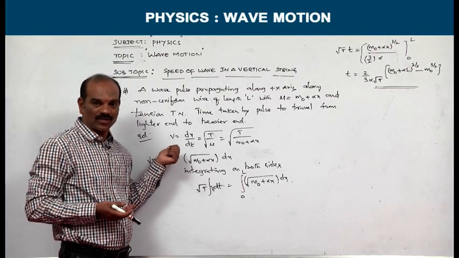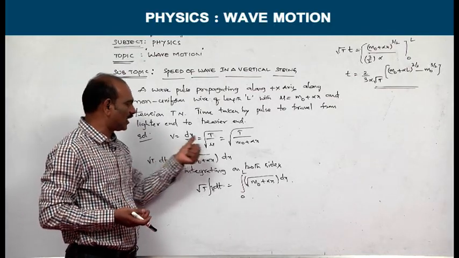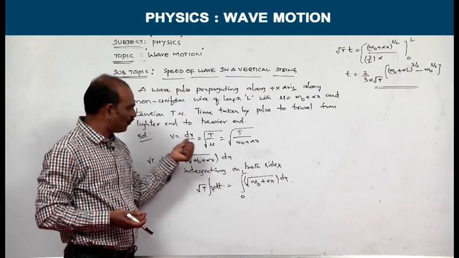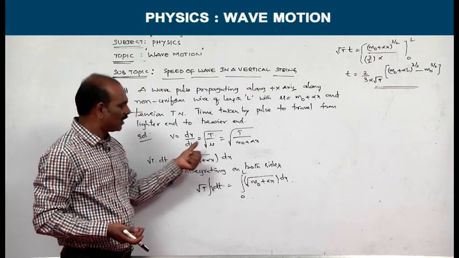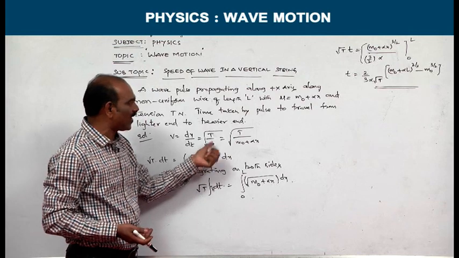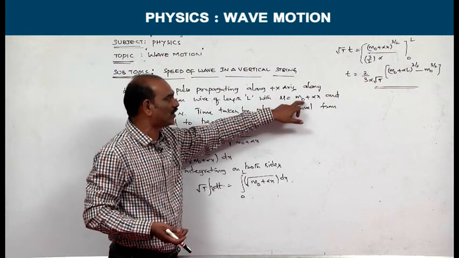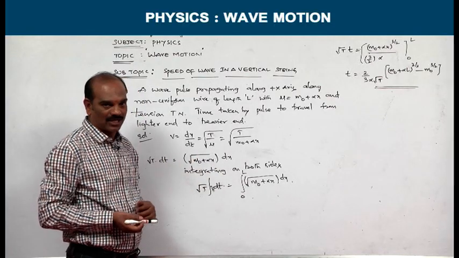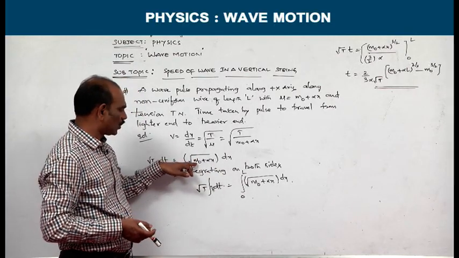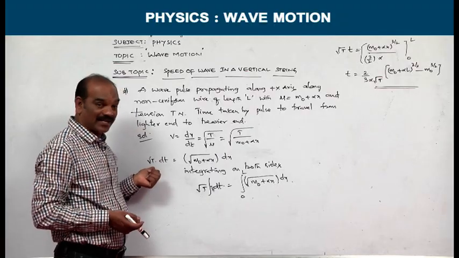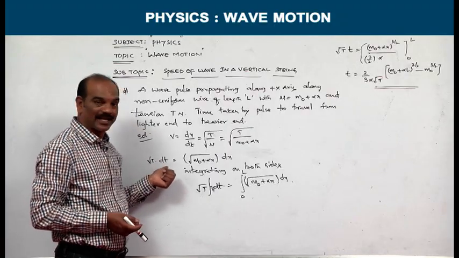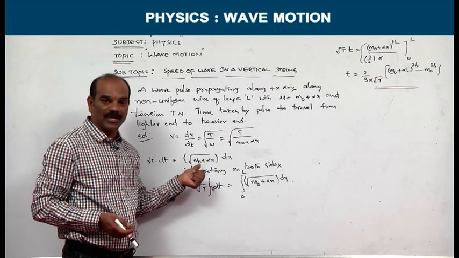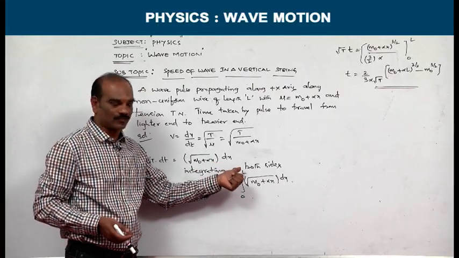How can we calculate this? We know the formula for the speed of a transverse pulse is V is equivalent to root of T by mu, which in general is dx by dt, where T is the tension in newtons. Mu value is given as mu is equal to m naught plus alpha x. Now, separating x terms and t terms, root of mu by T dt is equivalent to root of m naught plus alpha x into dx.